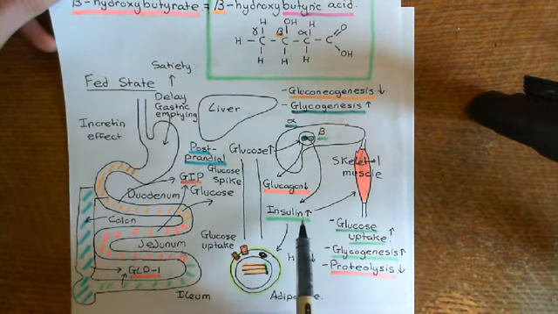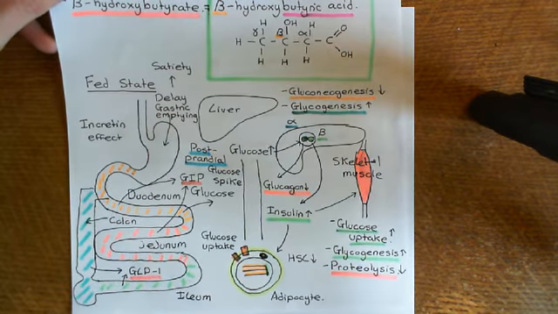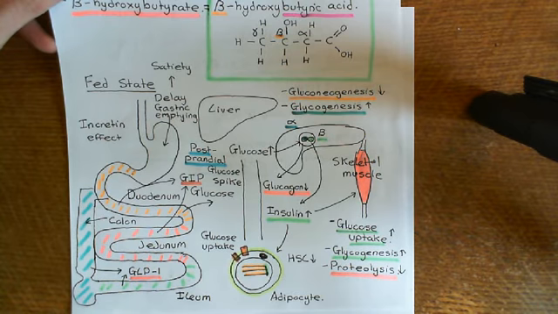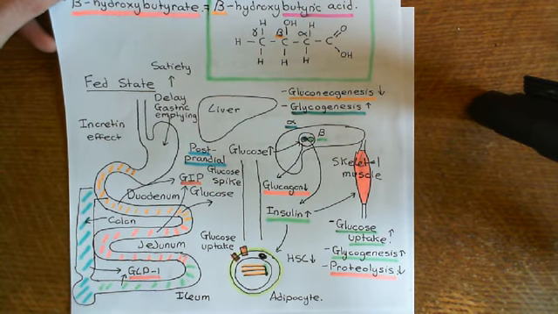Okay, and that's exactly what you need if you're suffering from insulin resistance. You need more insulin to be released in response to a certain rise in blood glucose, because your liver, your skeletal muscle, and your adipocytes are resistant to the insulin.